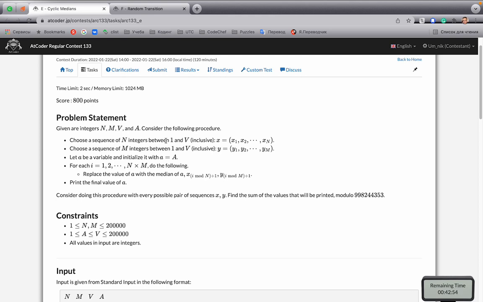So if we fix some number x and say that all numbers that are smaller than x are zeros, and all numbers that are bigger or equal than x are ones, then we will get 1 in the end if and only if the actual result is bigger or equal than x.